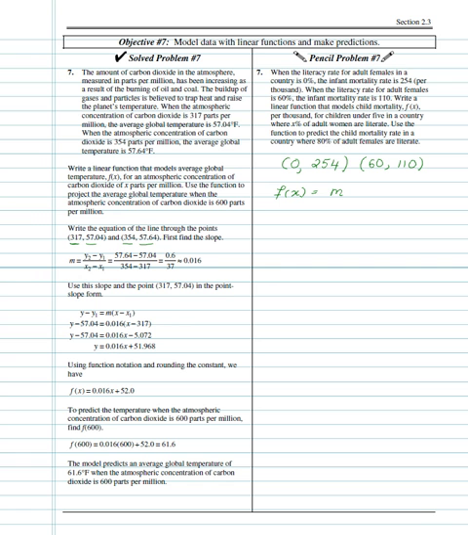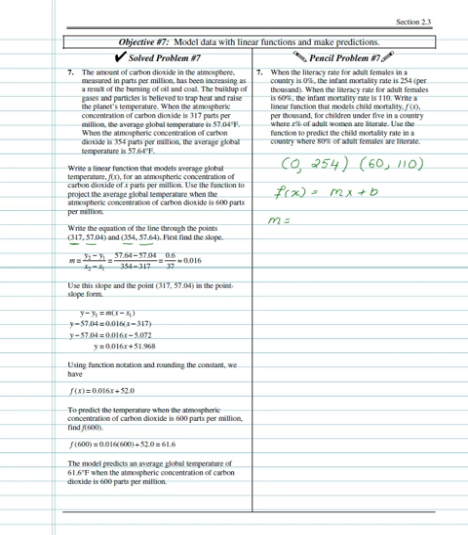Once I have the slope, I can use y is equal to mx plus b, or I can use y minus y1 is equal to m times x minus x1, the point-slope form. But the first and foremost thing I need is the slope. But how do I get to the slope? What do we need to find the slope? I need 2 points. Do I have 2 points? Yes, I do.